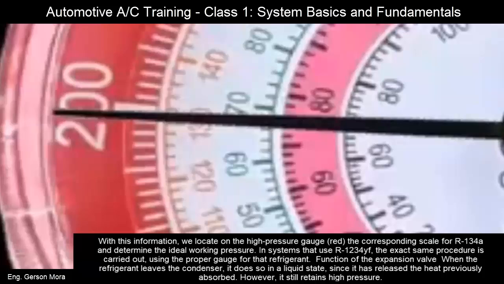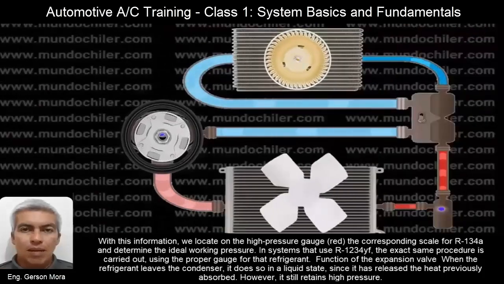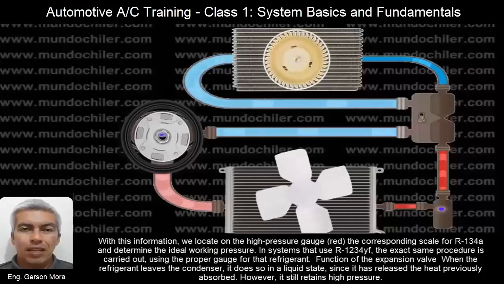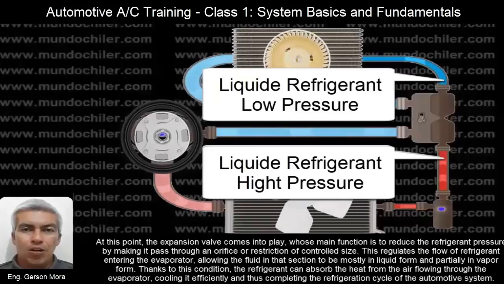Function of the expansion valve. When the refrigerant leaves the condenser, it does so in a liquid state since it has released the heat previously absorbed. However, it still retains high pressure. At this point, the expansion valve comes into play, whose main function is to reduce the refrigerant pressure by making it pass through an orifice or restriction of controlled size.